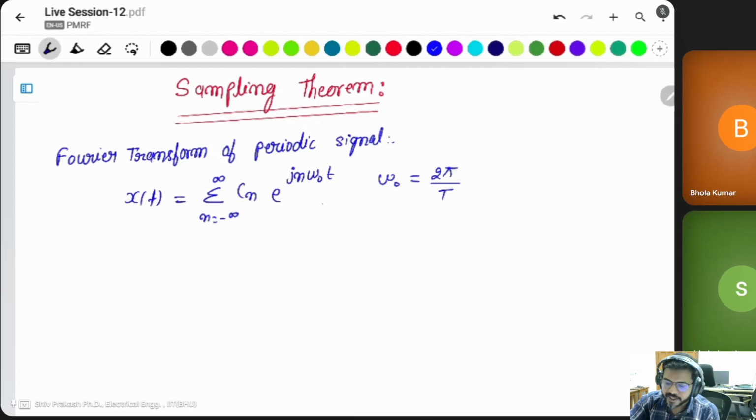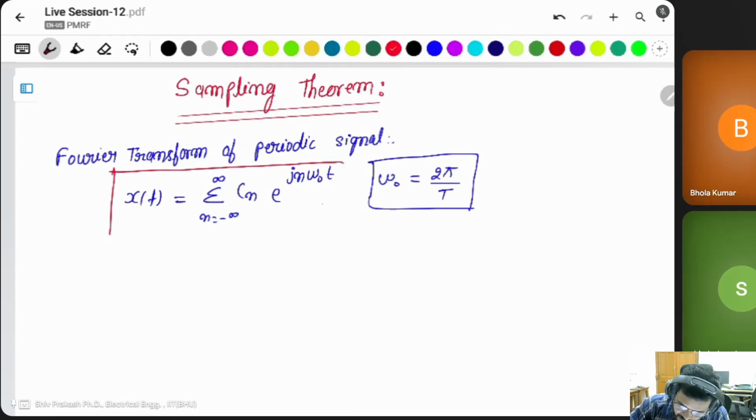This will be 2 pi by T, where T is the time period of that function. A periodic signal is written like this in complex exponential Fourier series, where Cn is the complex exponential Fourier series coefficient.